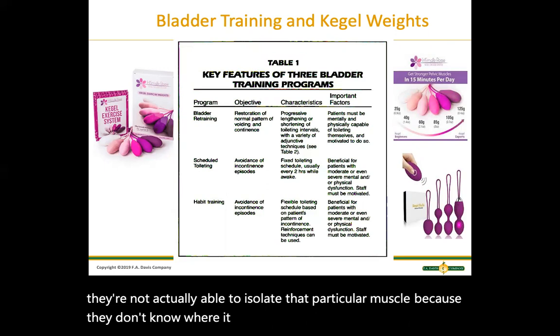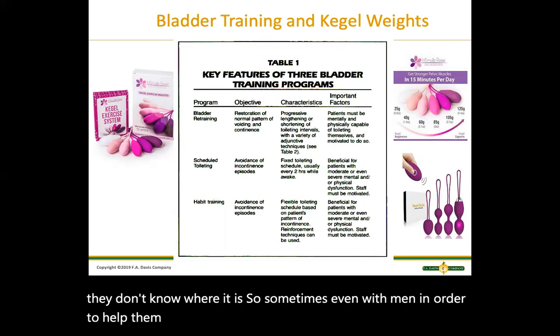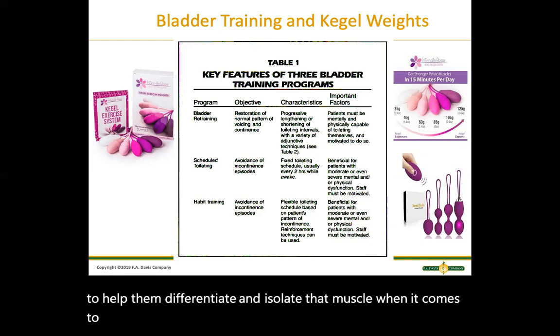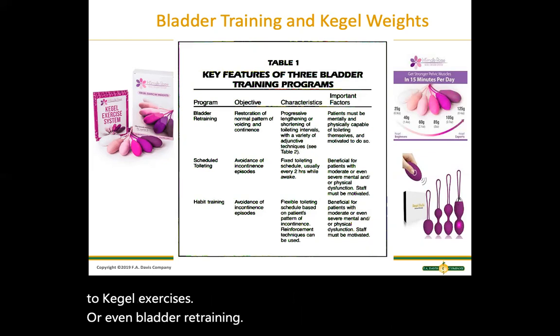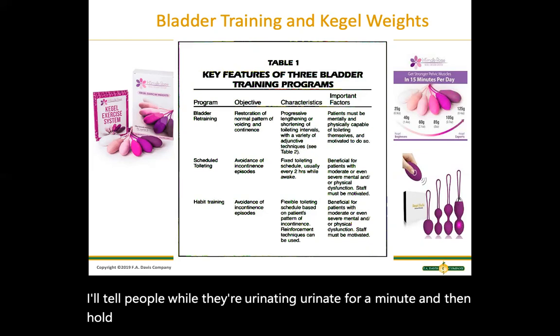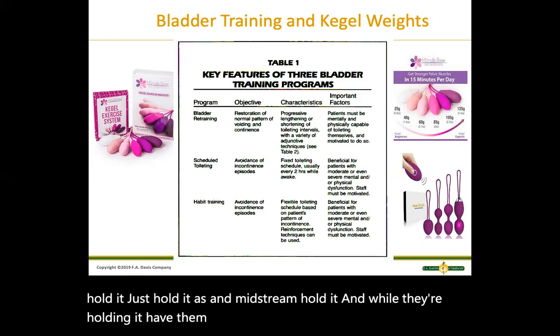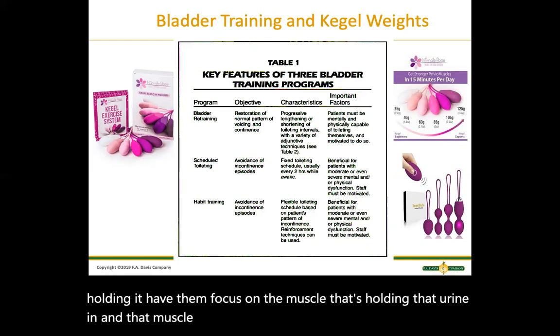So sometimes, even with men, in order to help them differentiate and isolate that muscle when it comes to Kegel exercises or even bladder retraining, I'll tell people, while they're urinating, urinate for a minute and then hold it. Just hold it, midstream. And while they're holding it, have them focus on the muscle that's holding that urine in. That muscle is what they should be tightening when they're doing their Kegels.